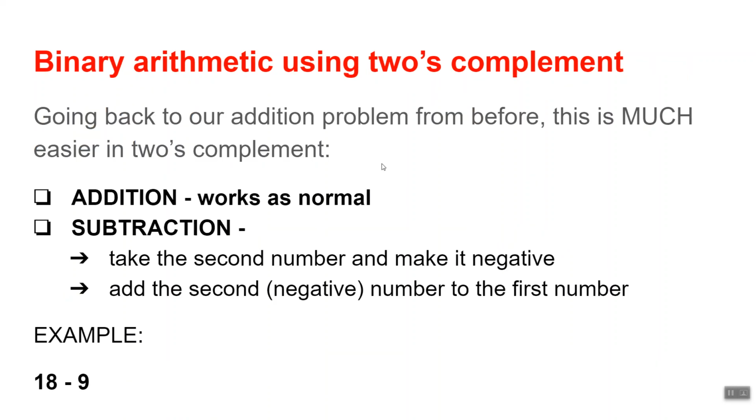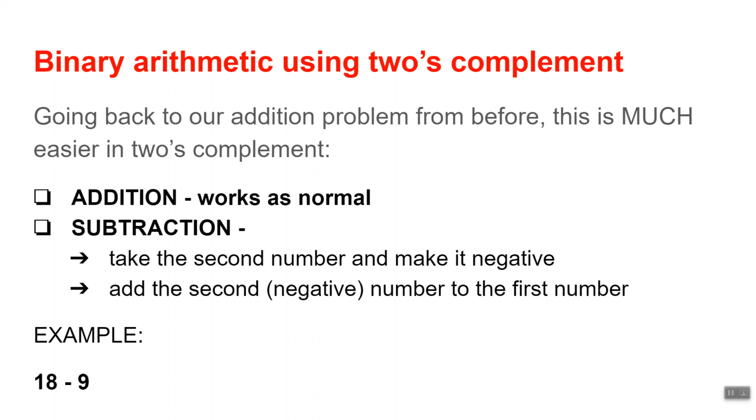So what we can do now is we can actually use 2's complement to perform arithmetic, and it's much more straightforward doing arithmetic in 2's complement, and we'll see why. If we want to do addition, addition works exactly as normal.